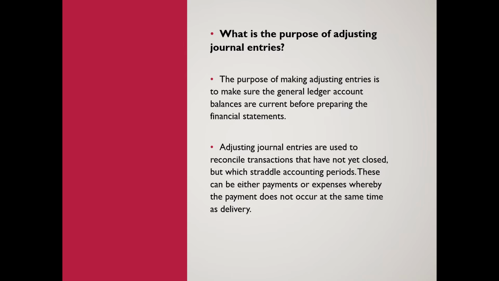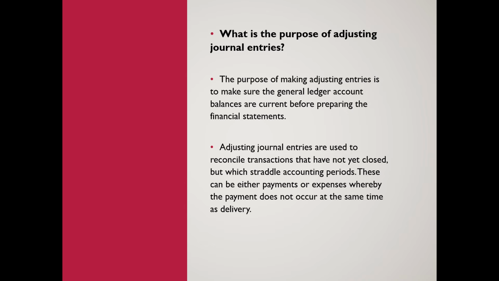Now, what is the purpose of adjusting journal entries? The purpose of making them is to make sure the journal ledger account balances are current before preparing the financial statements. They are used to reconcile transactions that have not yet closed but which straddle accounting periods. These can be either payments or expenses whereby the payment does not occur at the same time as delivery.